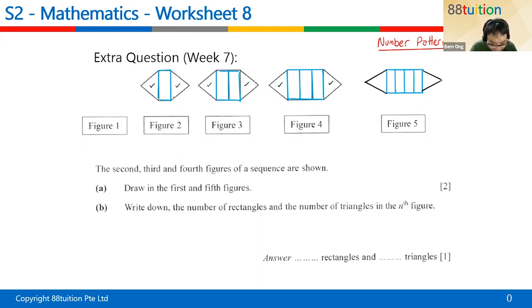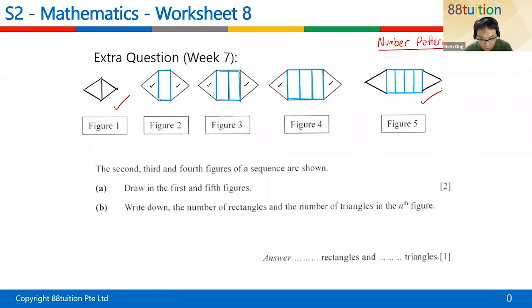Figure 1 got 0 rectangles, which means that you only draw the triangle. Can you see that? Not difficult, right? That will give you some points already. Why my triangle so ugly? Okay, so draw in the first and the fifth figure. I drew in already, this and this.